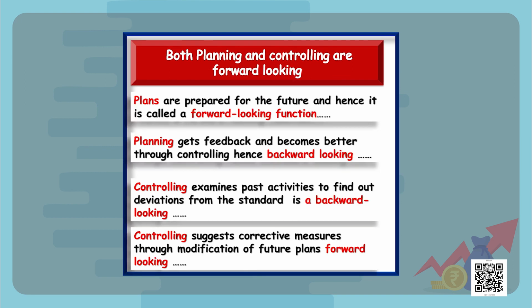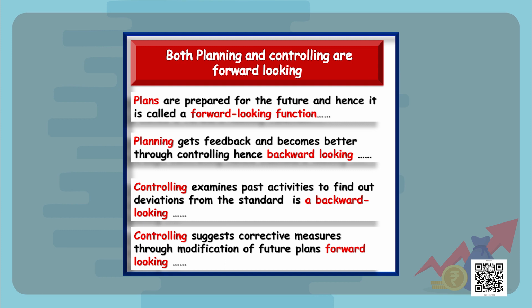Then we have, planning and controlling are both forward looking and backward looking functions. So, plans are prepared for the future, hence it is called a forward looking function, whereas planning gets feedback and becomes better day by day for the future, hence it is a backward looking function. Then we have controlling.